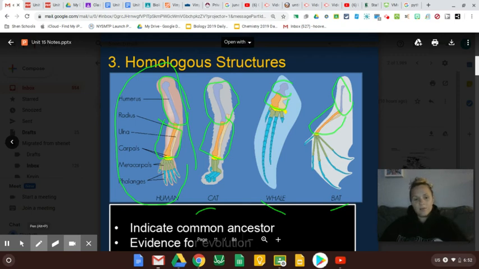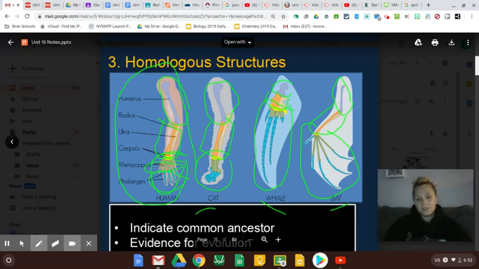And then in our hands, if you look at the hand of a cat, or even whales don't have hands, but this is their fin, and the wings of a bat, it's all a series of little bones. Maybe you've heard of fingers being called phalanges. So we have carpals, metacarpals, and then phalanges.